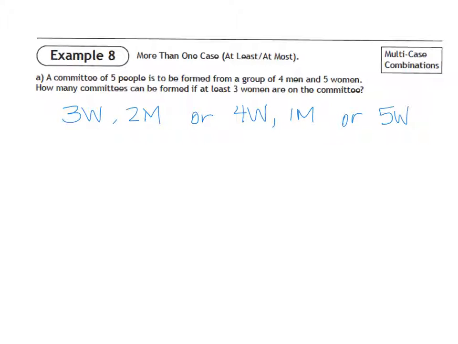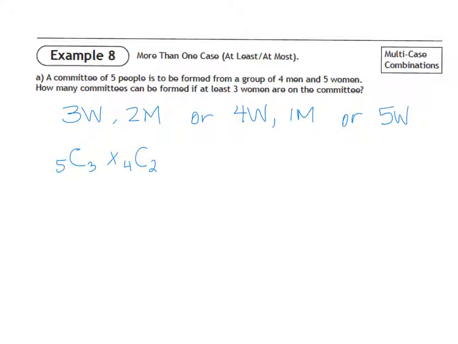So, let's look at choosing these committees. So if we're going to do the 3 women, 2 men, it's 5 choose 3 multiplied by 4 choose 2. Does that seem right? There are 5 women, choose 3 of them. There are 4 men, choose 2 of them. And we're choosing women and men, so it's multiplication.